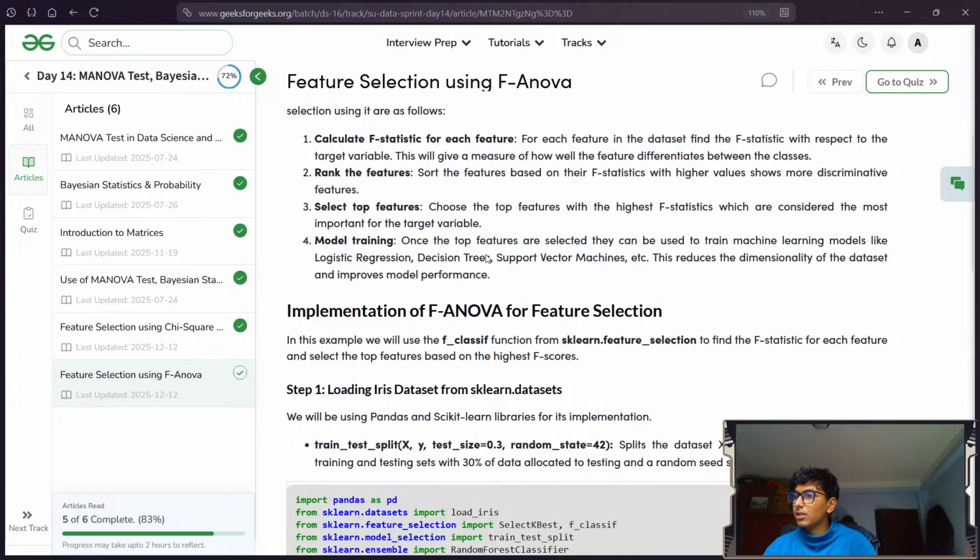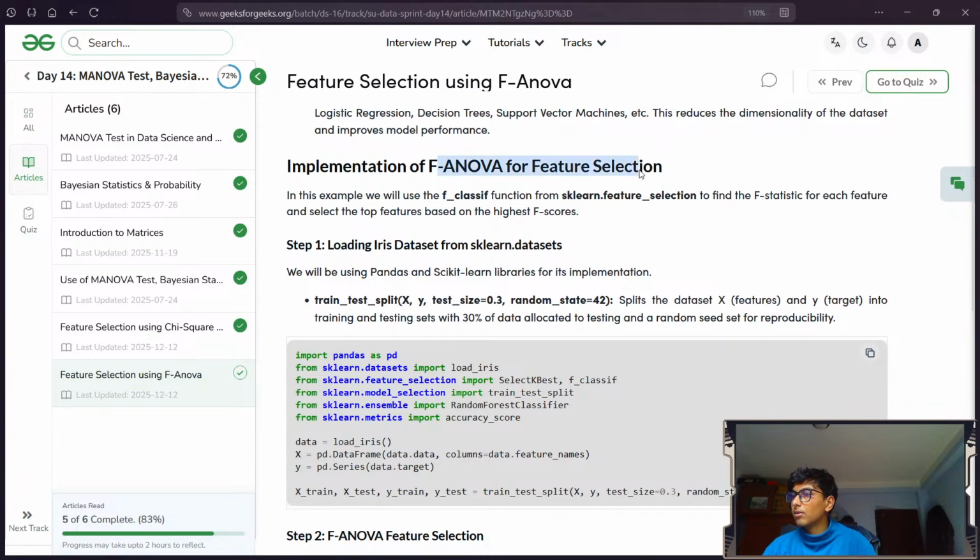We were basically familiar with logistic regression and these. This reduces the dimensionality of the dataset and improves model performance.